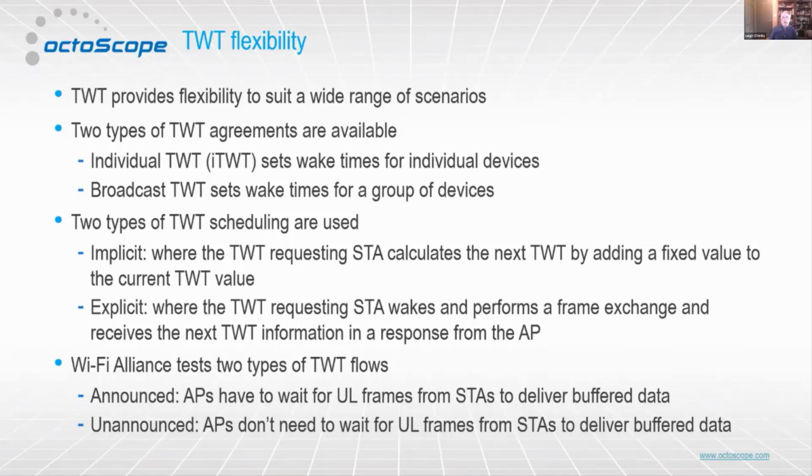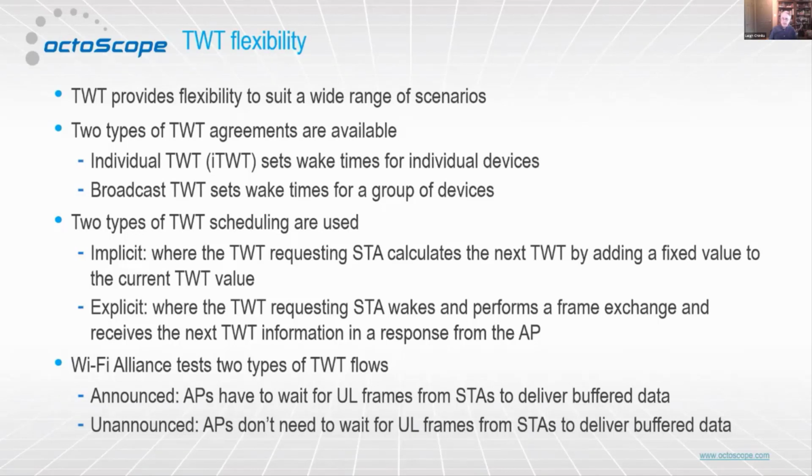And then the flows themselves have similar structure. There's what's called unannounced flows and announced flows. In the unannounced case, when the devices wake up, the infrastructure doesn't have to wait to communicate with the station, because there's already an arrangement between the two, and the infrastructure is aware of when the station should be awake and ready to receive packets. So they're just sent.